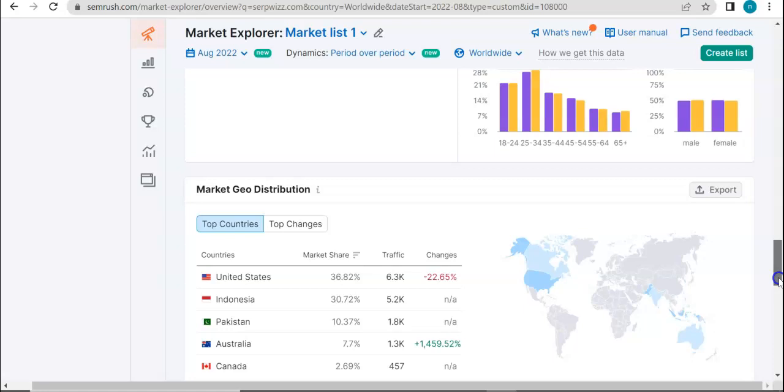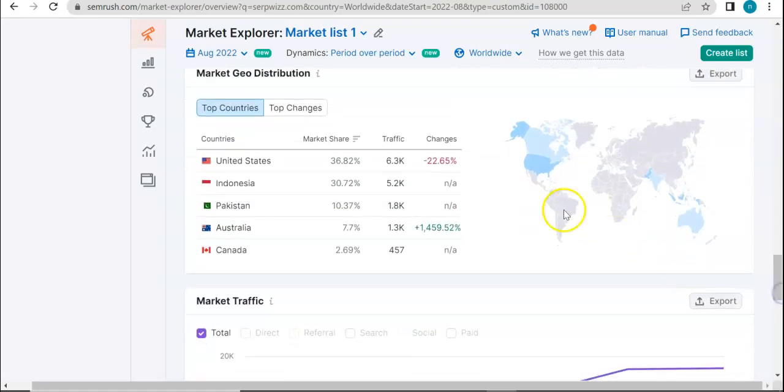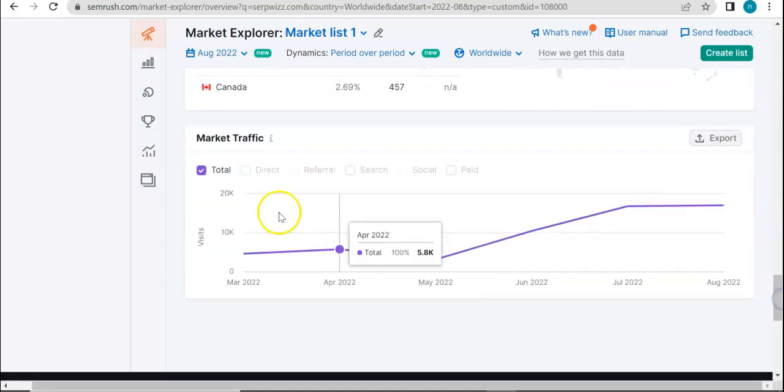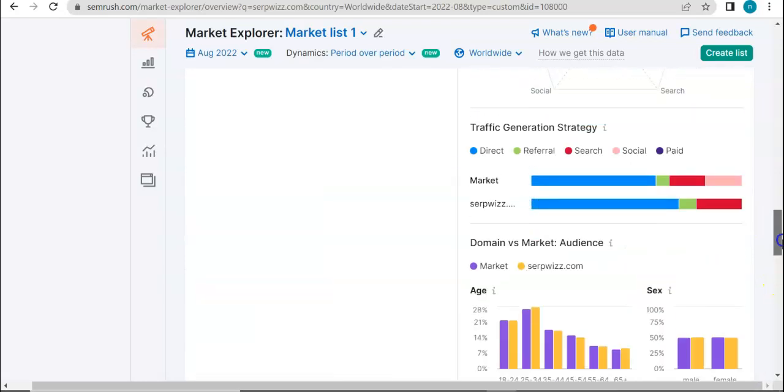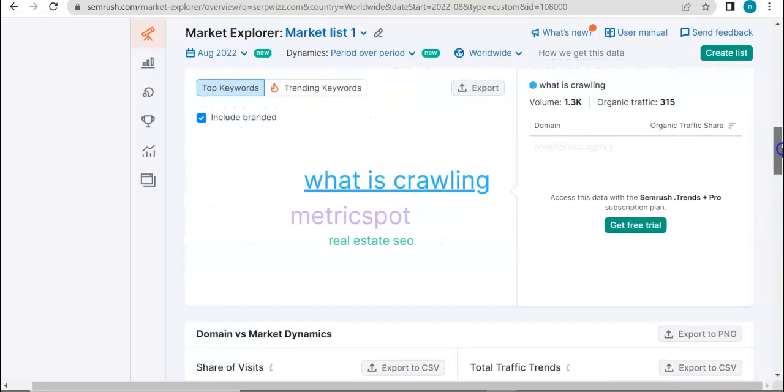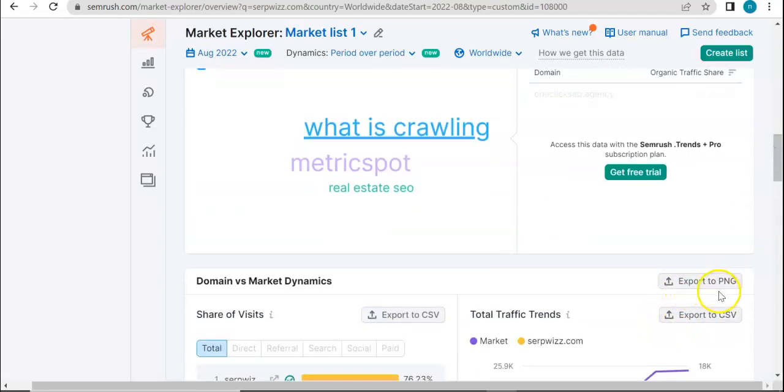So if you decide you want to just focus on a specific metric or category, then you can select the tabs on the above portion. I'm just gonna show it to you later on. Here you also get market geo distribution, so these are the top countries. You can also select top changes if that is what you prefer, as well as market traffic. And you can also export these results individually if you want a PNG file or a CSV file.